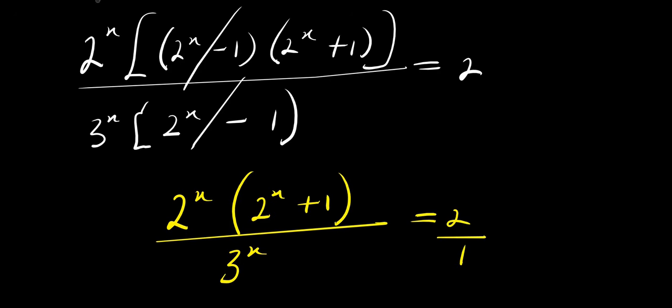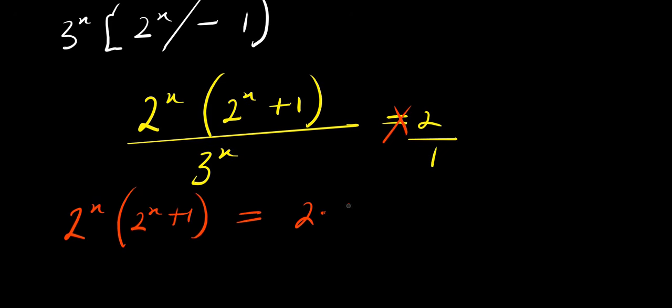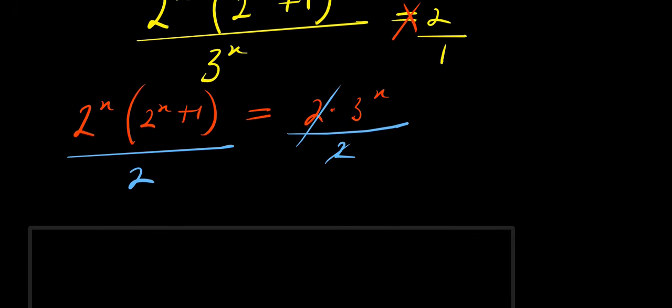So this over 1, I can cross multiply. So from here, I will simply have 2 power x times 2 power x plus 1 equals 2 times 3 power x. So the next thing I can do is divide this by 2. 2 cancels 2. So this 2 here is raised to the power of 1.